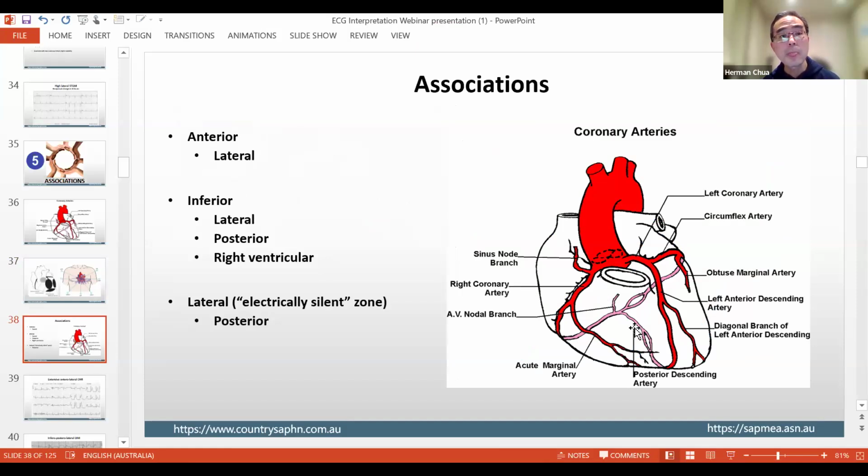And you can get a lateral infarct as well, because the RCA, especially if it's dominant, goes all the way across the lateral wall as well. And if you have a lateral infarct caused by a circumflex occlusion, it can cause a posterior infarct at the same time. So these associations are useful, and I'll show you why when we look at the ECGs later on, okay?